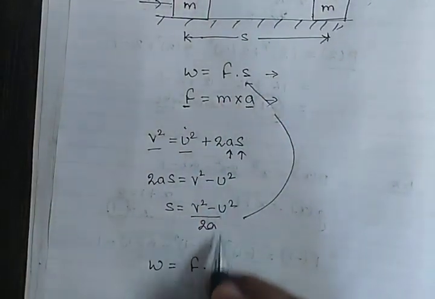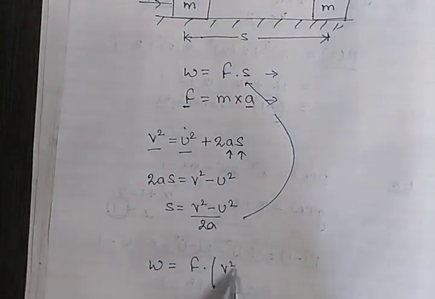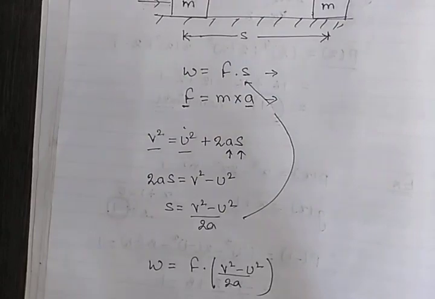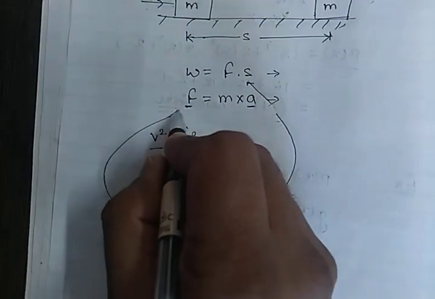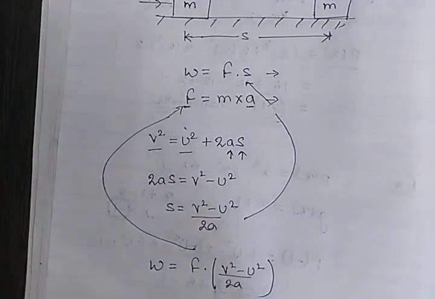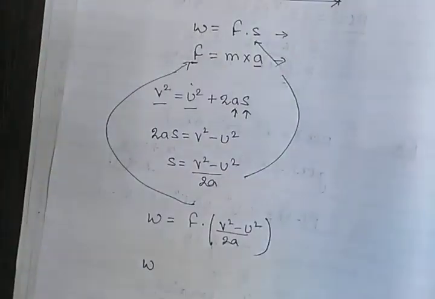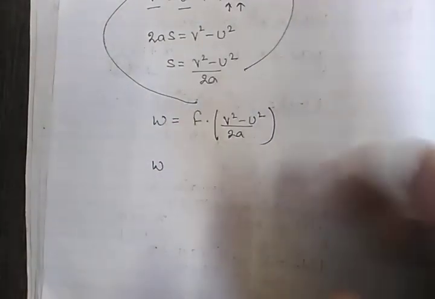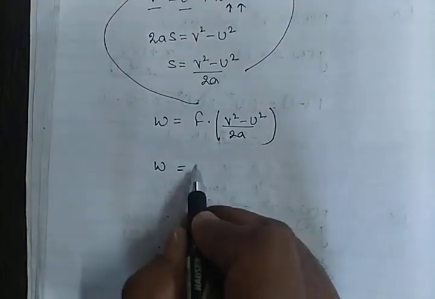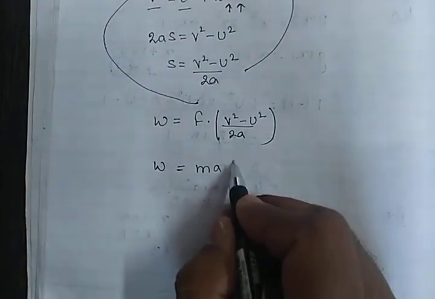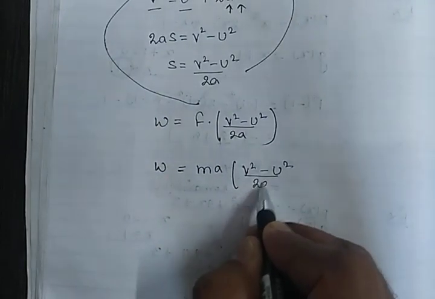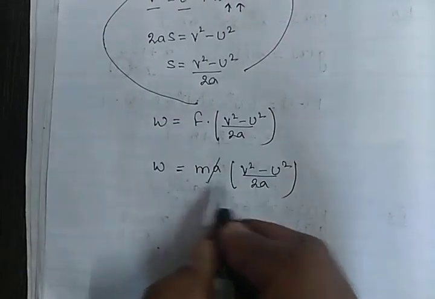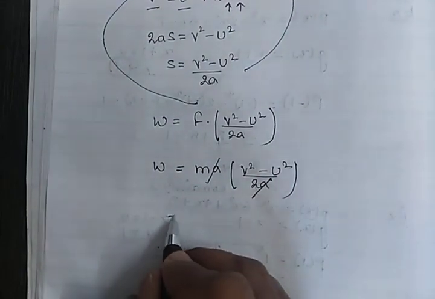Instead of displacement s, I will write v square minus u square upon 2a, and for F, I will use m into a. So the work done becomes m a into v square minus u square upon 2a. a and a will get cancelled.